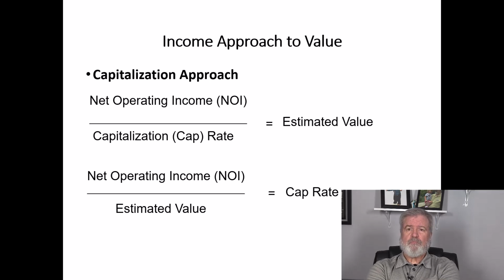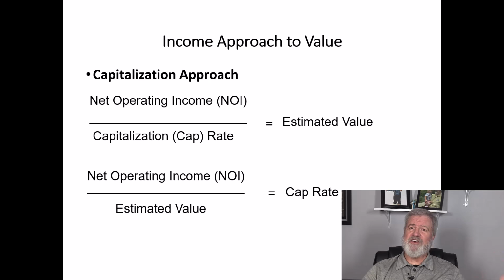They've got to give you one or the other. In the question, they will either give you the cap rate or the value of the property. Whichever one they give you is what you will divide the net income by. And the one they don't give you is what they're asking you to solve for.